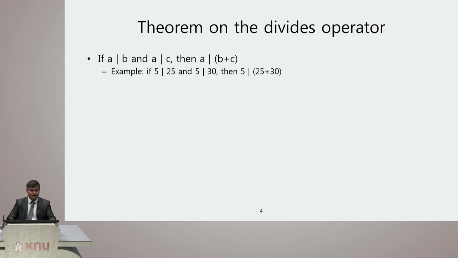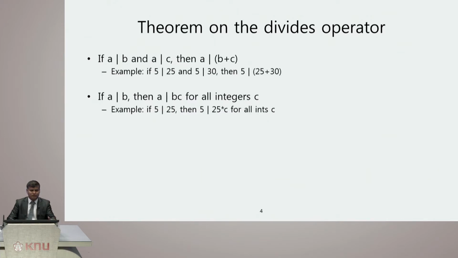We have various other theorems. For example, if A divides B, then A divides B times C for all integers C. Let's see an example on this. If 5 divides 25, then 5 divides 25 times C for all integers C. Similarly, if A divides B and B divides C, then A divides C. Well, you can think of an example, right?